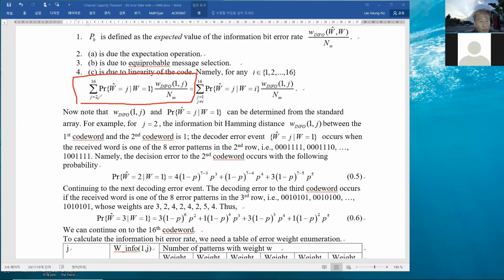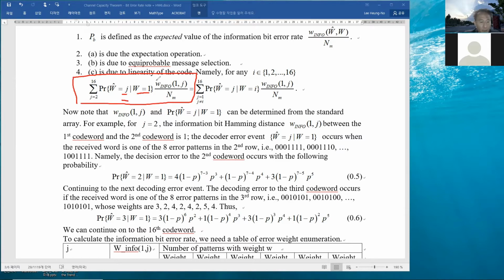We have to calculate the probability that the all-zero code word was sent, and we have made a mistake in favor of the second code word, or the third code word, or the fourth code word, or continue down the list to the 16th code word. Since these are OR operations, we basically need to add up all such probabilities, okay?